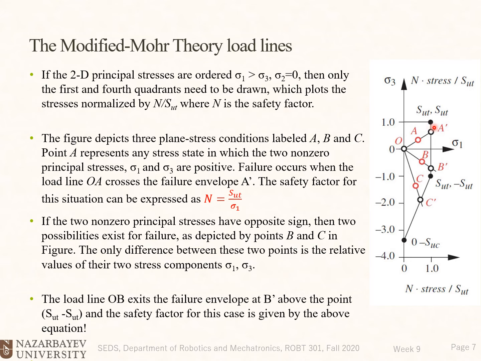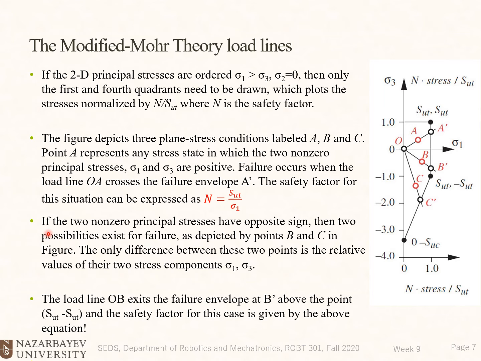The safety factor for this situation can be expressed as n equals SUT divided by sigma 1. Very simple, because the first quadrant follows the maximum normal stress theory and it's quite easy to calculate the safety factor.